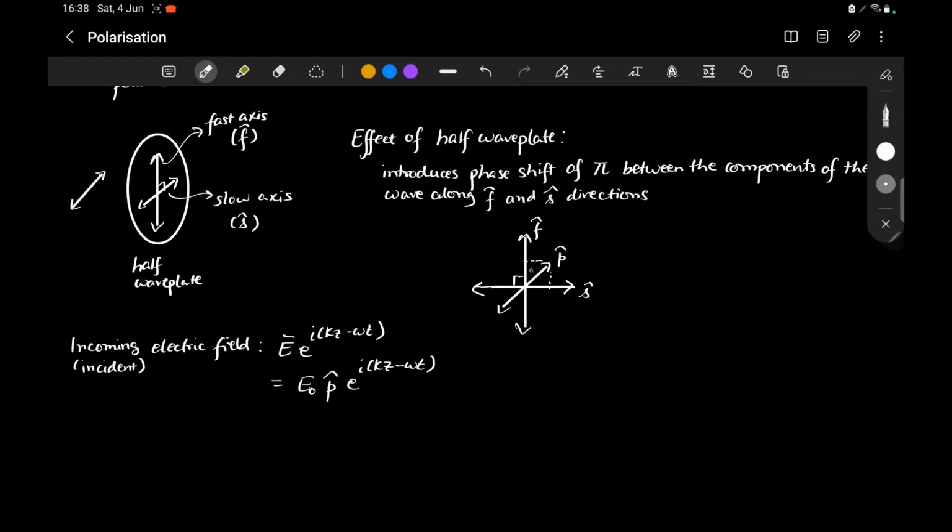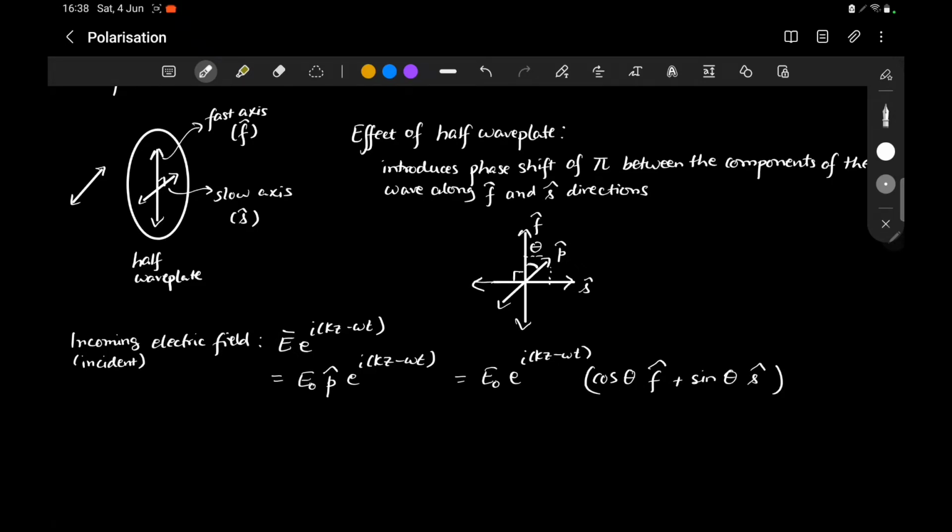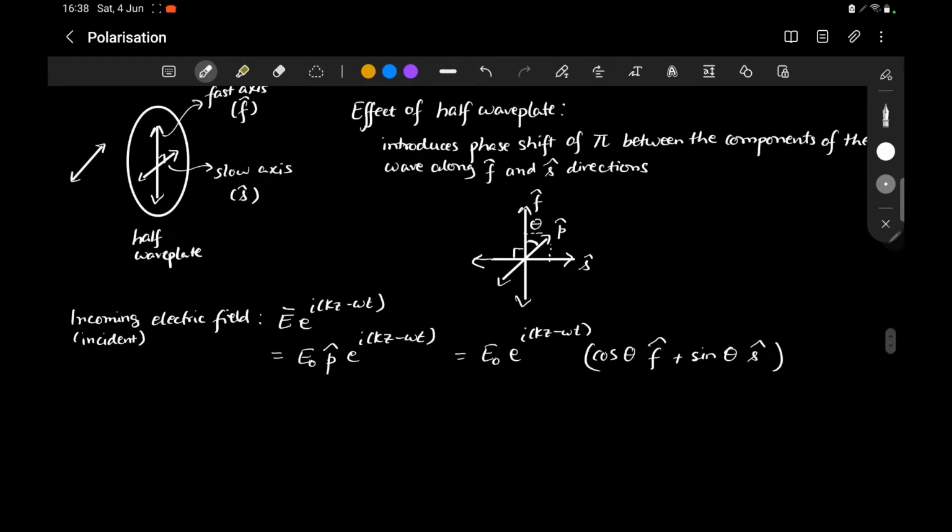So let this angle be theta. Theta is the angle between the fast axis and the incoming polarization direction. So this can be written like this. So this is the incoming electric field.